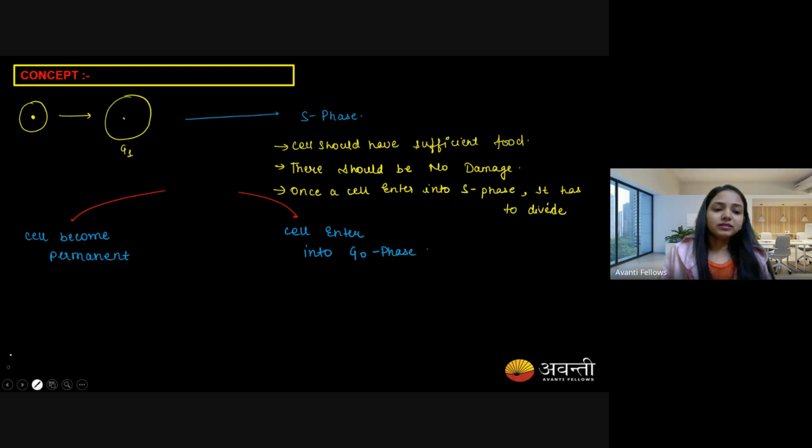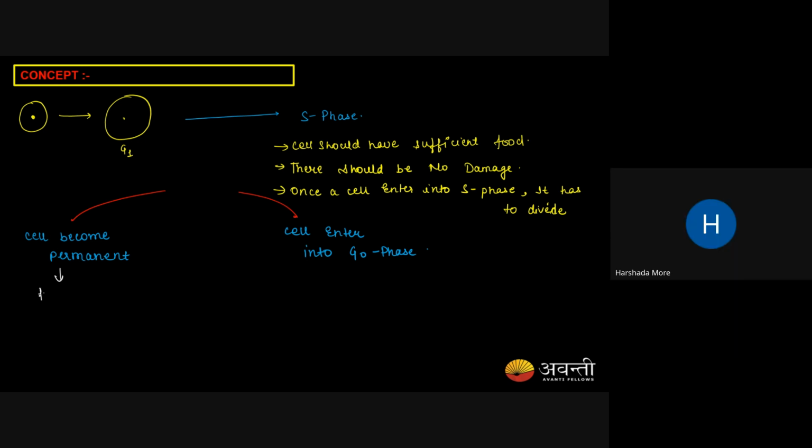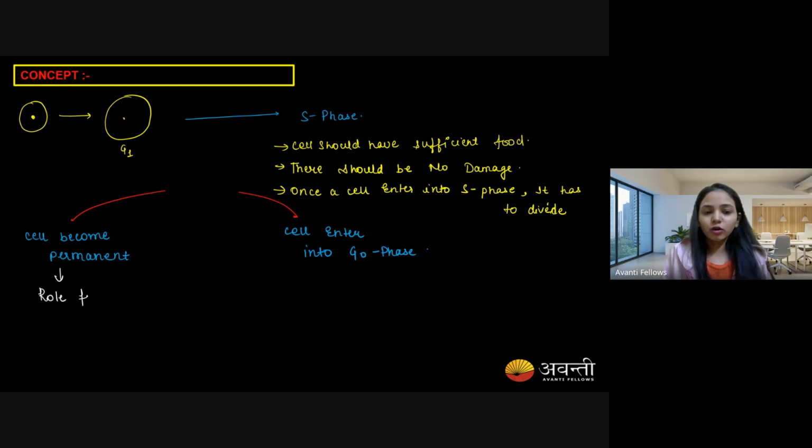Very good. And after becoming permanent, what will happen with the cell? It will not divide. Its role gets fixed. The cell will perform a specific function. It will not divide.